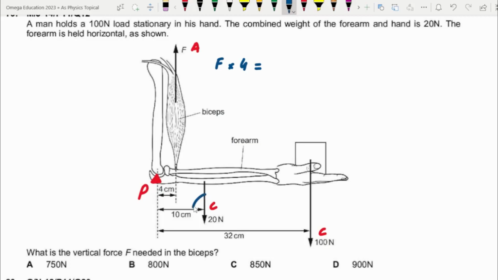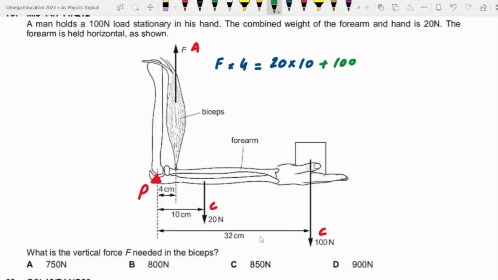What do we have clockwise? 20 newtons. So we write 20 here, times, what is the perpendicular distance of that force from the pivot? 10. Plus, the other force clockwise is 100. So we write 100 here.